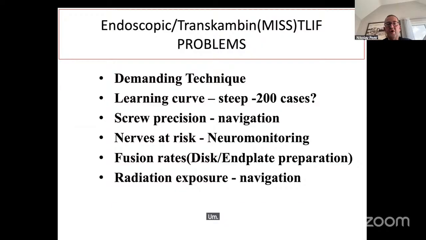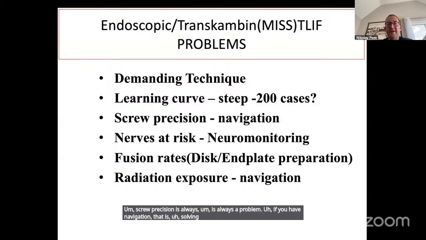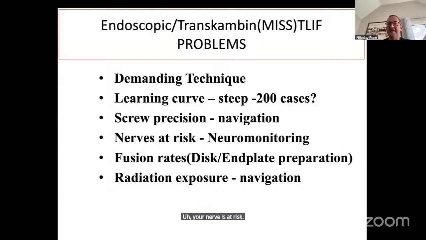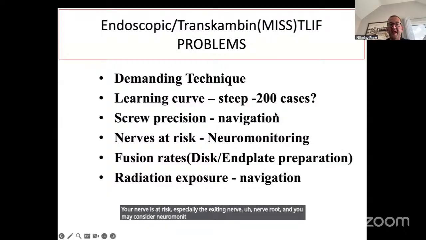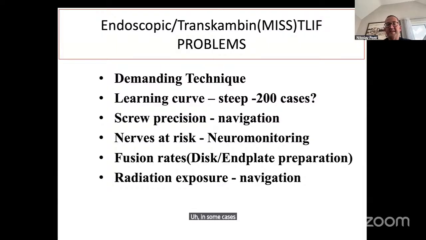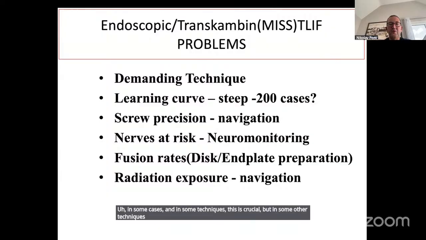Screw precision is always a problem. If you have navigation, that solves the problem to an extent. Your nerve is at risk, especially the exiting nerve root, and you may consider neuromonitoring to overcome that. In some cases and in some techniques this is crucial, but in some other techniques it might be omitted.